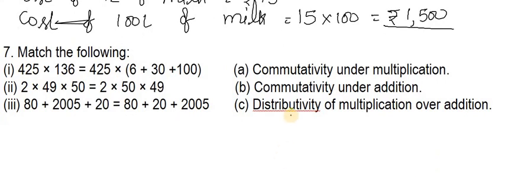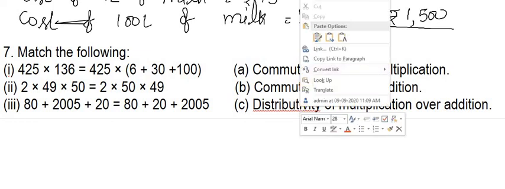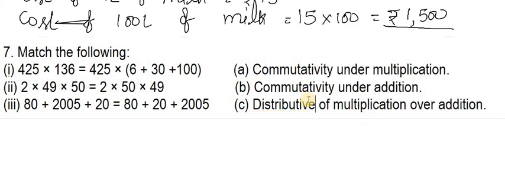Now move on to the last question of this exercise. So what is the question? Match the following. 425 into 136 is equal to 425 into 6 plus 30 plus 100. And 2 into 49 into 50 can be written as 2 into 50 into 49. 80 plus 2005 plus 20 is equal to 80 plus 20 plus 2005. So these 3 will come under which property?